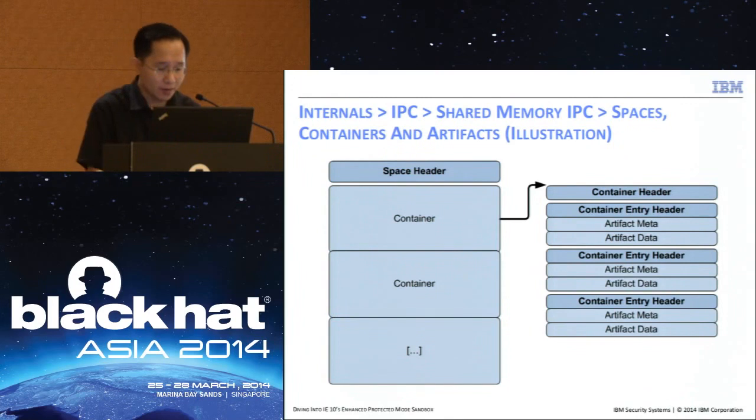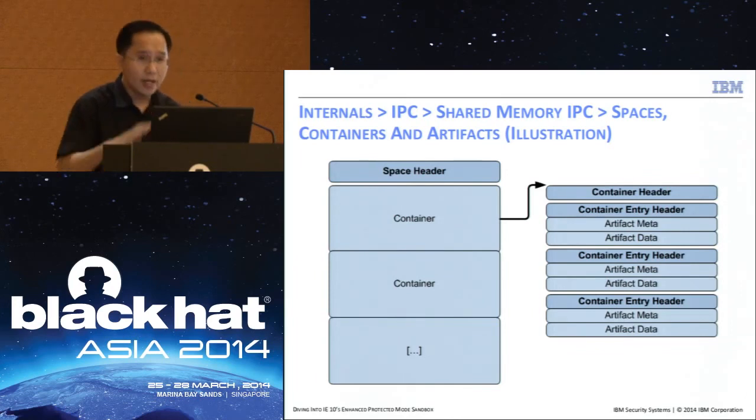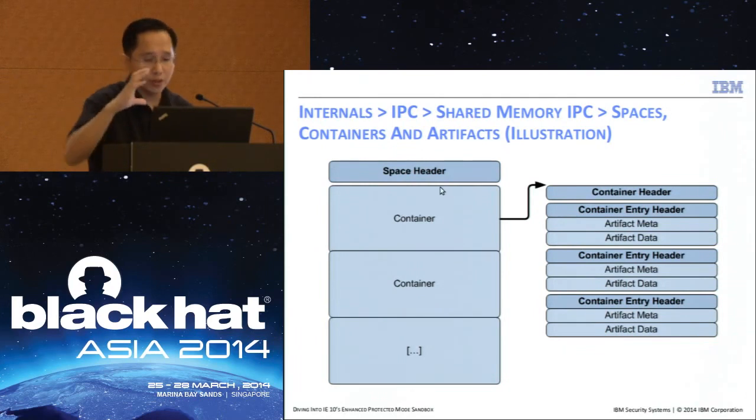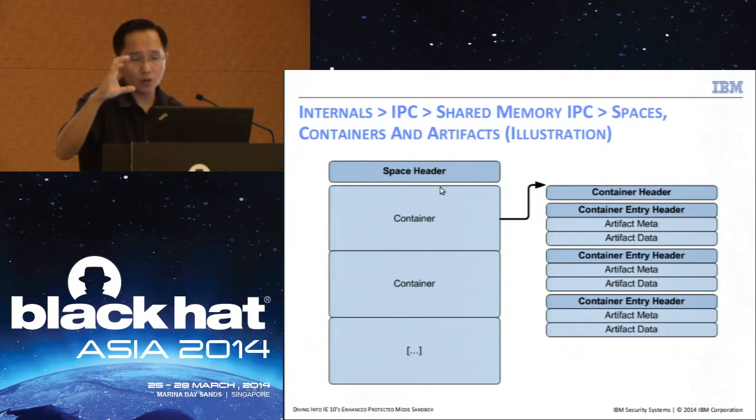I was able to find out how the shared memory is structured and also able to understand some of the important fields. If you are interested in further details, you can refer to the white paper. But for a high-level explanation, each shared memory is called a space. Each space is divided into chunks of memory called containers.